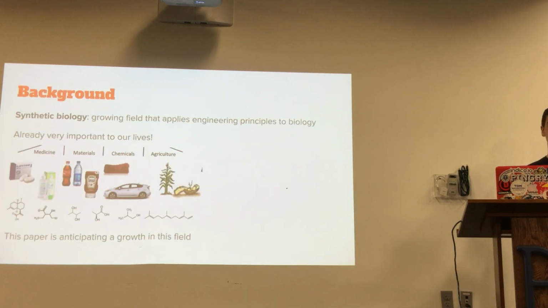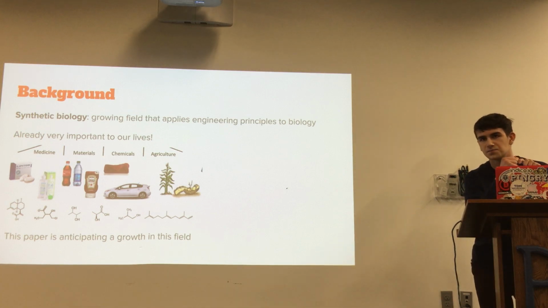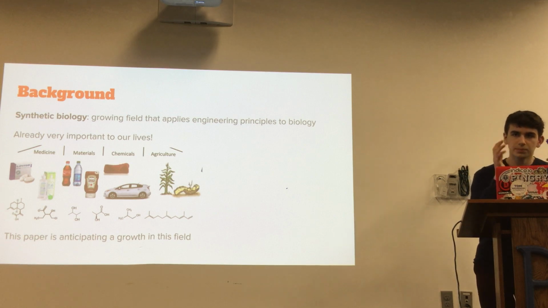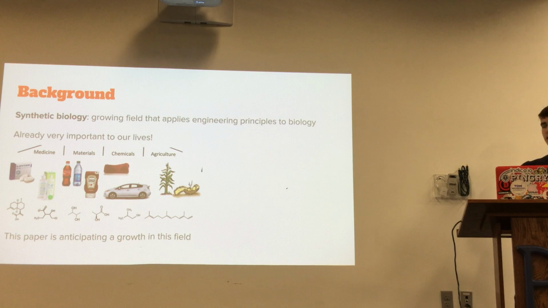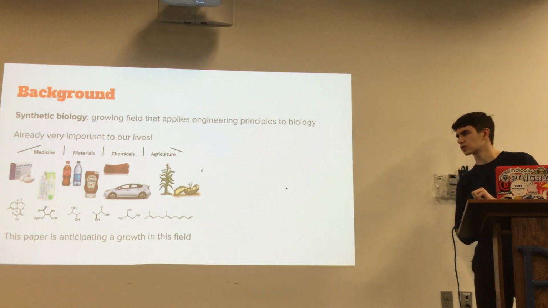So now let's dive into some background. This paper focuses on a topic of science known as synthetic biology, which is a growing field that essentially applies engineering to biology. And there are a lot of ways that you can go about this. But in general, synthetic biology is already very important to our lives. It's how we make a lot of synthetic materials for our cars, for plastics, for medicine, agriculture.